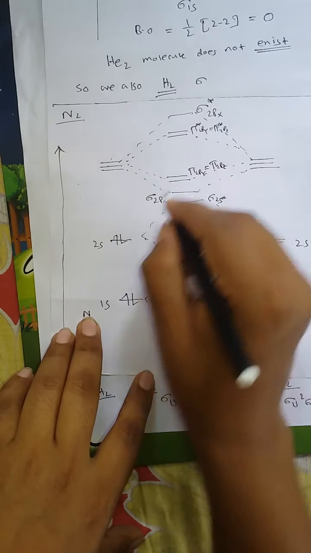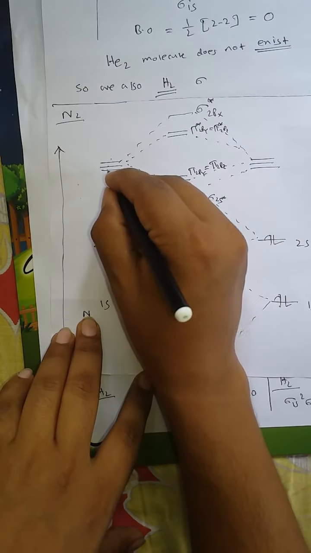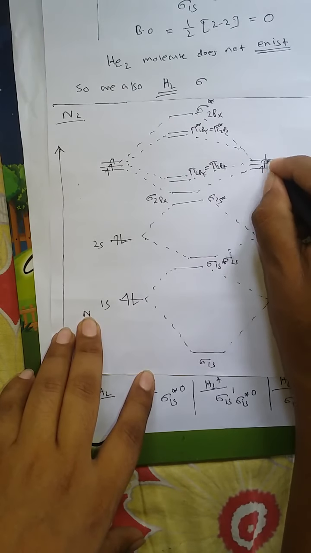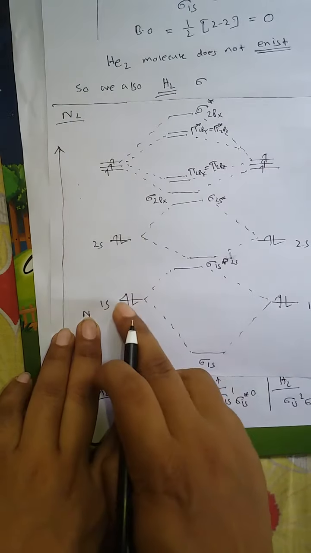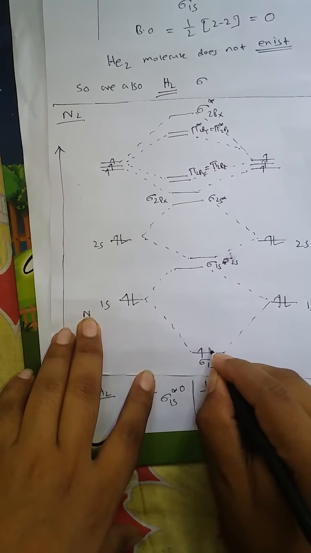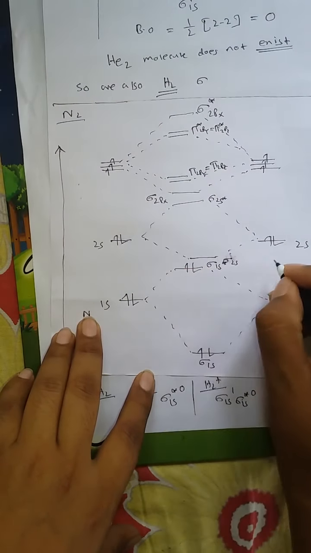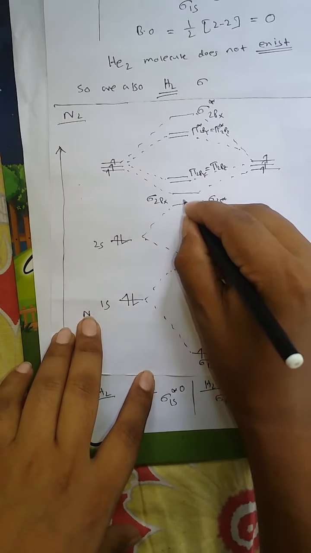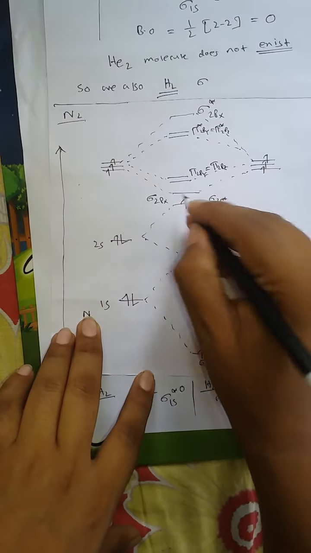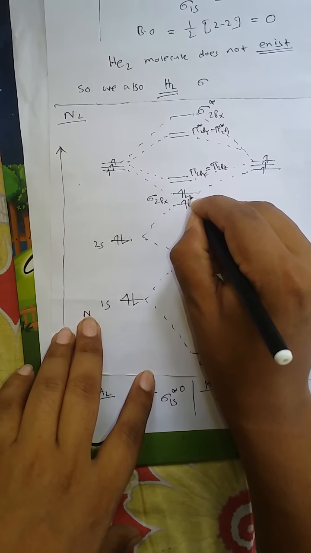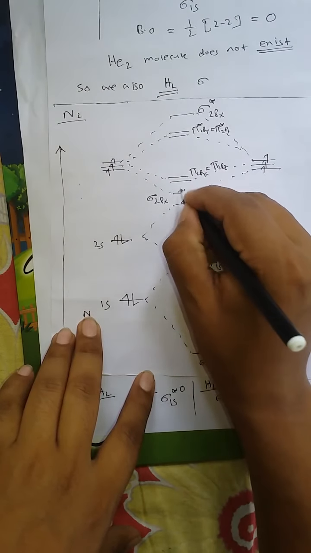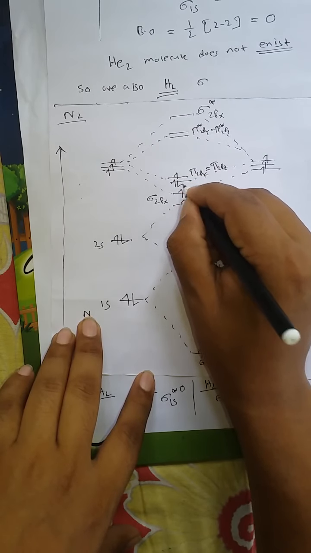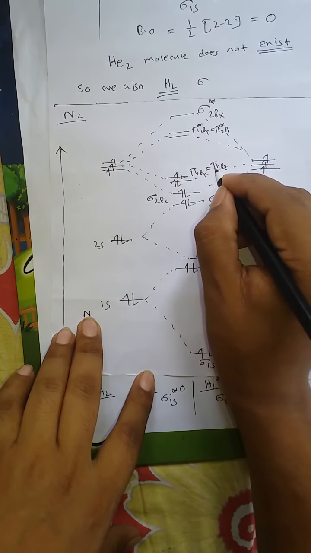Clear? In case of nitrogen, the number of electrons in the 2p orbital is 3. First fill up 2 electrons, then the third, fourth, fifth and sixth electrons.